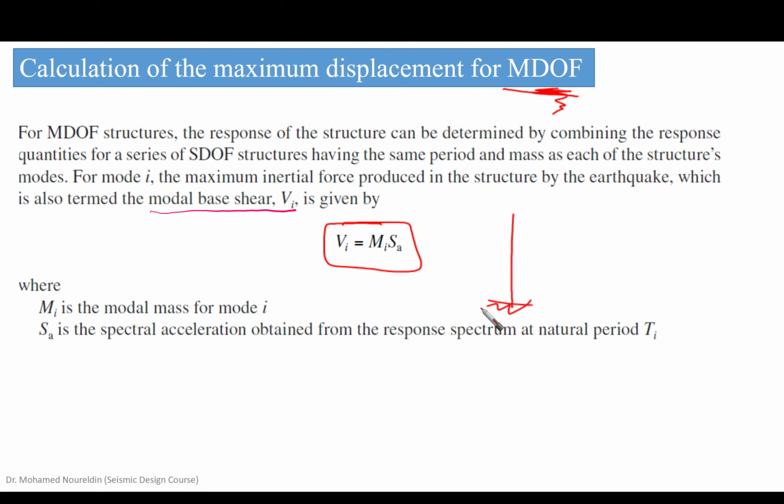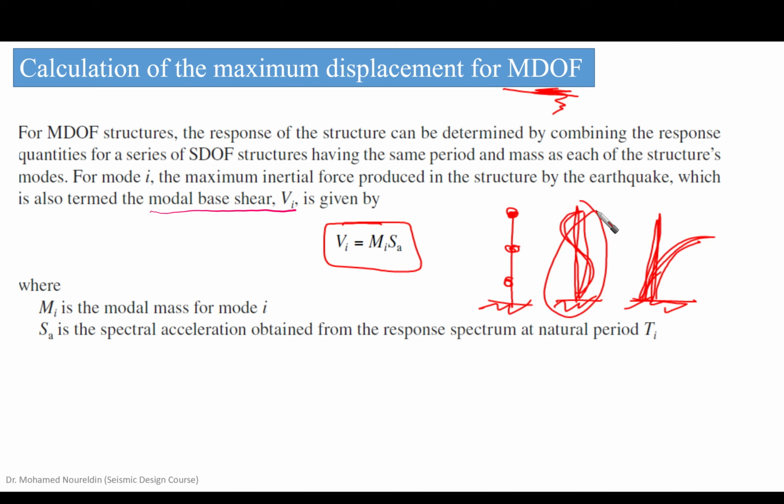If we have a multi-degree of freedom system, different mode shapes are going to occur. So here, this is maybe one mode shape, and this is another mode shape. Okay, so we are not sure which one.